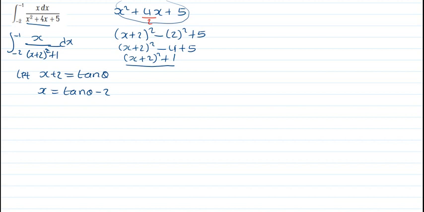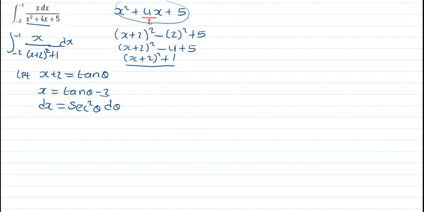Finding dx for this one: dx is equal to the derivative of tan, which is sec squared theta, then the derivative of -2 is 0, so this will be d theta.